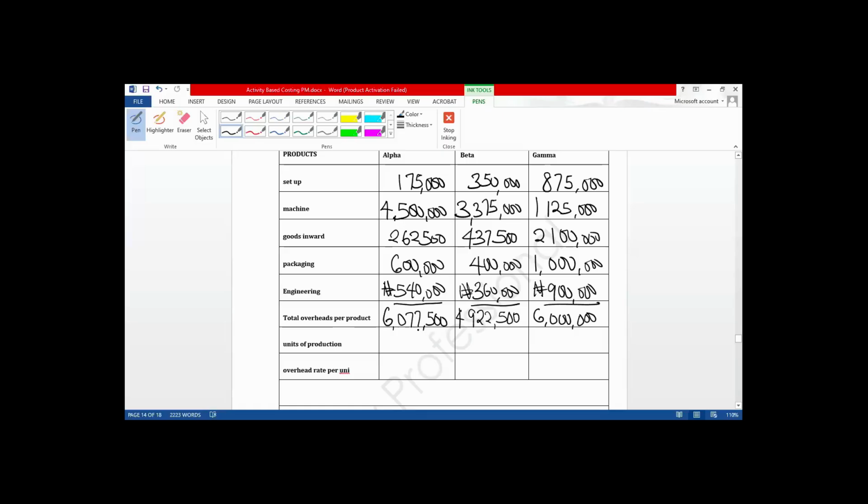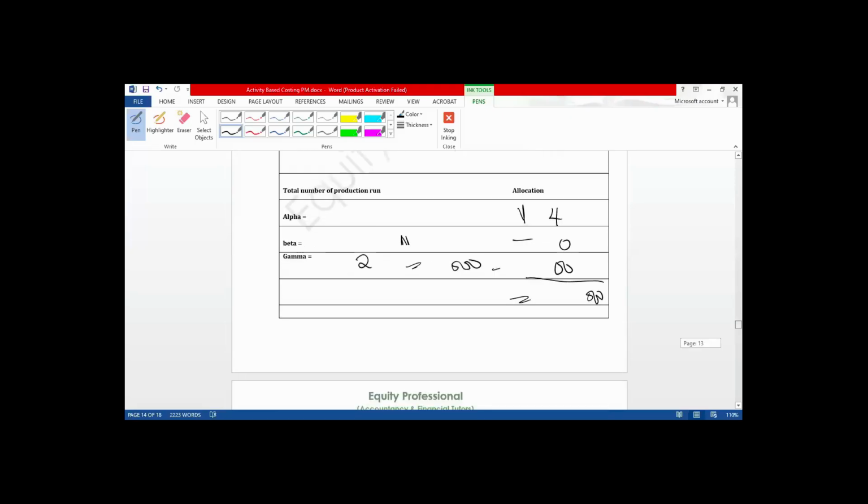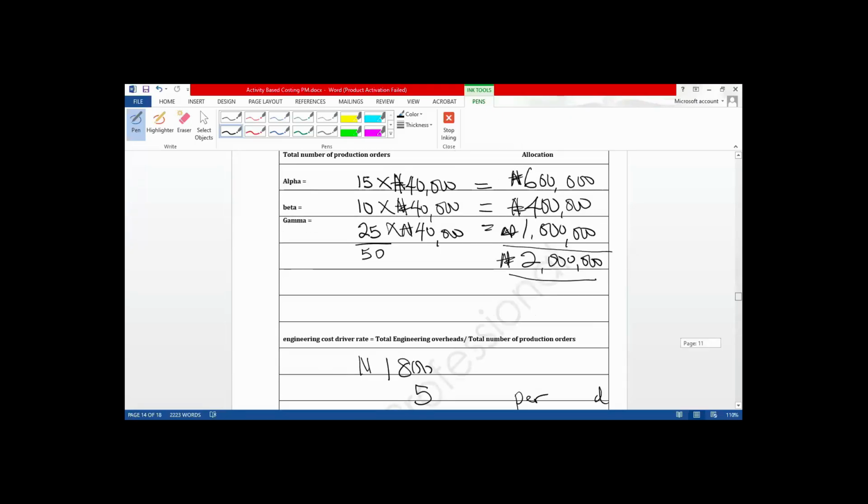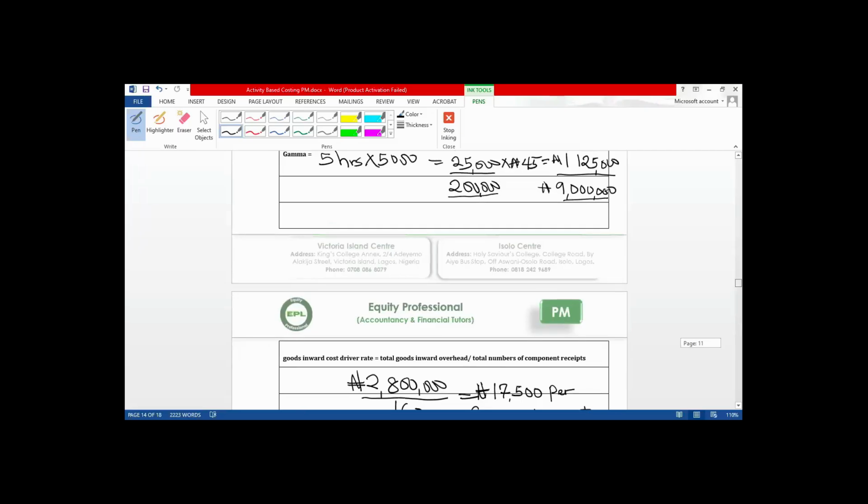If you don't have 17 million, that means there's a problem. It's correct, 17 million. Even if you make a mistake here, we are still going to notice later, because the total overhead is 17 million.